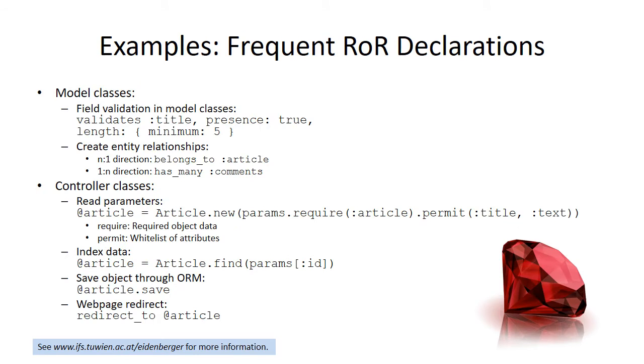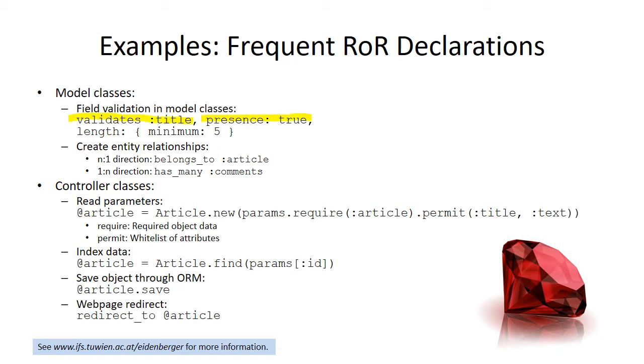Okay, so what are typical declarations that you have, in particular in the model classes, which is the upper section of the slide? Of course, validation is important, so that it is guaranteed that in the database we only have valid data, for example, not null data or a minimum length as it is shown here. Here we validate a field called the title.